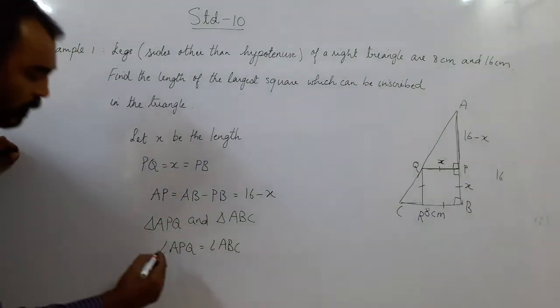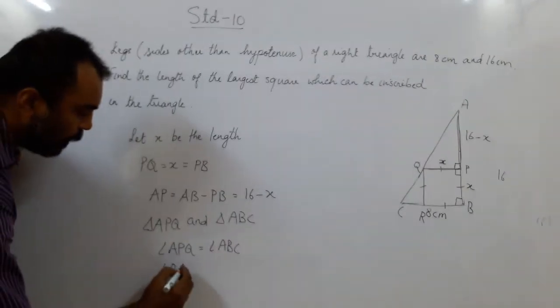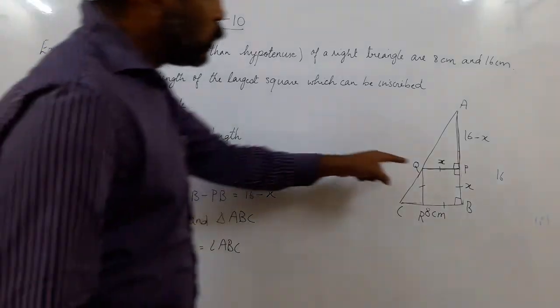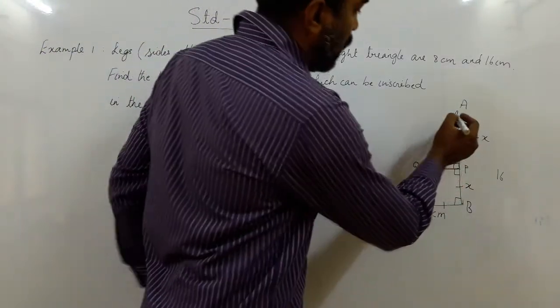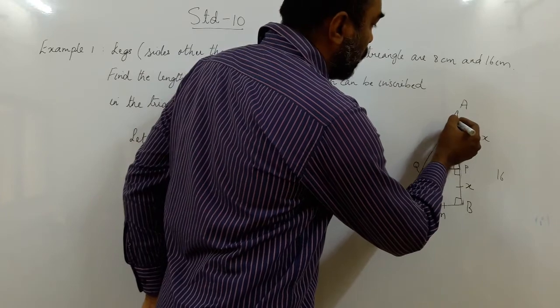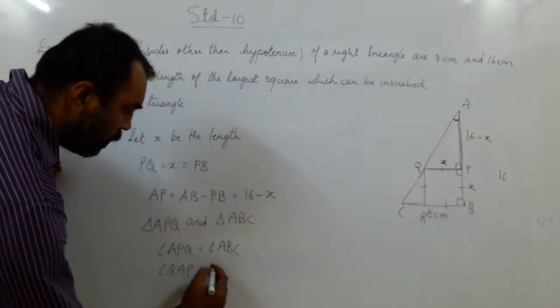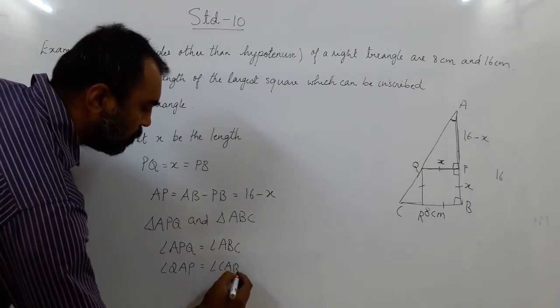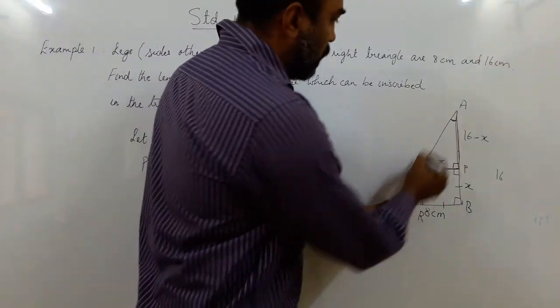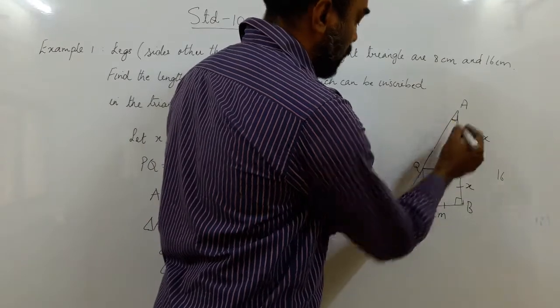Also, angle QAP is the angle A of the smaller triangle, and angle CAB is the angle of the bigger triangle. This angle is common to both.